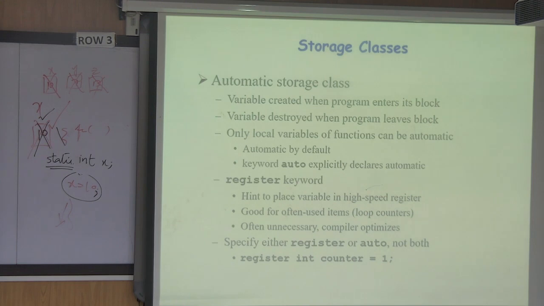If you write the keyword static, in the definition of this function the variable will be created, but it will not be destroyed when you leave the block. Whenever next time you enter the block, the variable will be there. You don't have to recreate it. So it is the property called static.